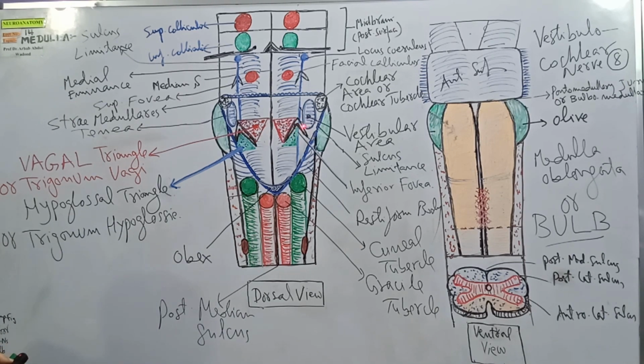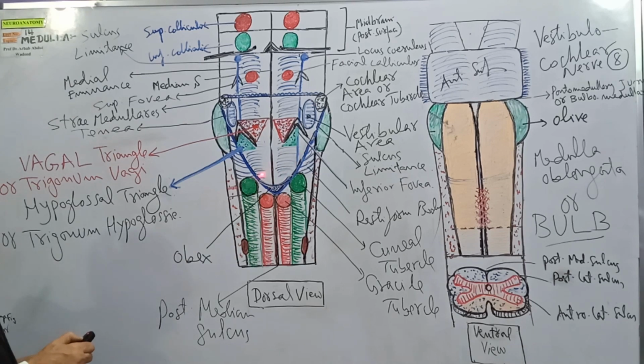Lateral to the inferior fovea in the medullary part, there is the vestibular area where the nuclei of the vestibular division of the vestibulocochlear nerve are located deeply. And still supralateral to it, near the inferior peduncle, which is not shown here, is the cochlear area or cochlear tubercle or auditory tubercle. Here lie the nuclei of the cochlear division of the vestibulocochlear nerve.